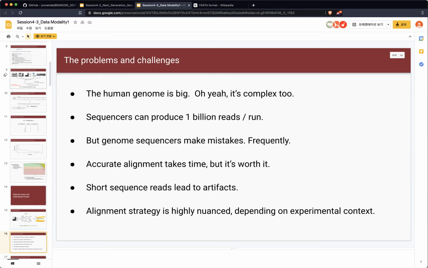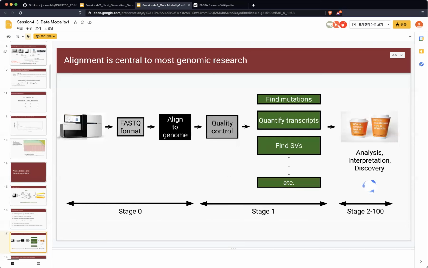Also, library preparation varies quite a lot by technology and by the animals in your experiment. So you have to consider all of this experimental design for your alignment process.